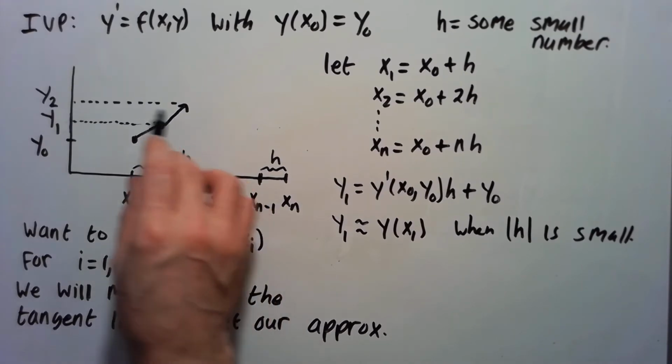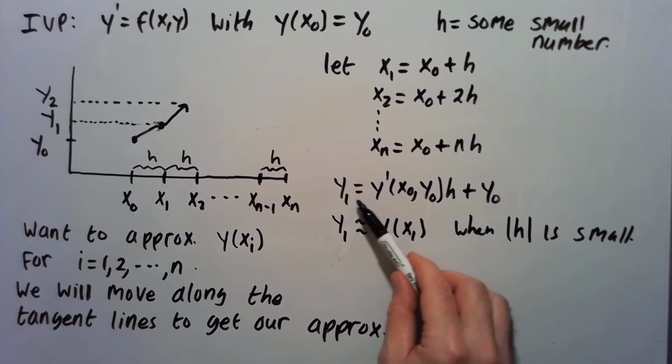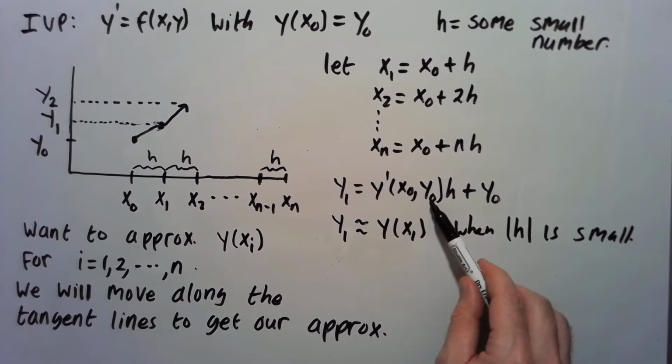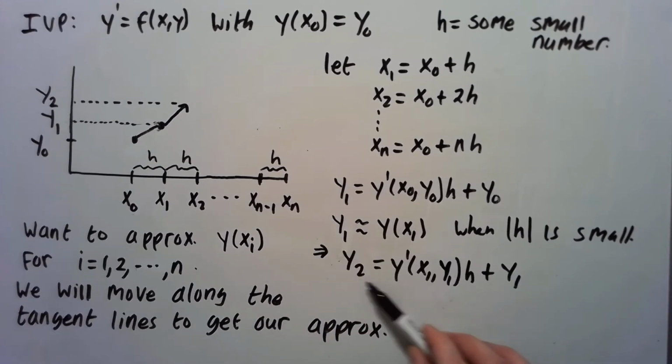Okay, so y2 would be there then. So pretty much it would be moving along the tangent line. I could rewrite this now, and in place of x0 I can write x1, y1, then it'll be y2 here. Let me write that. So that'll be the formula for y2.